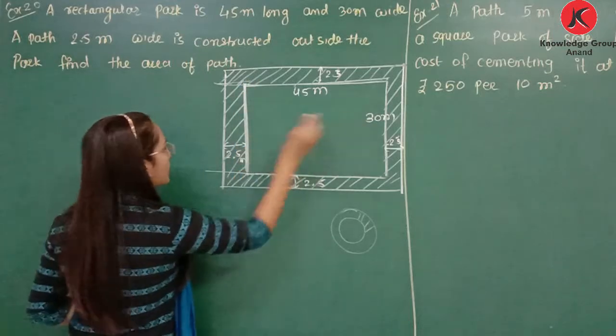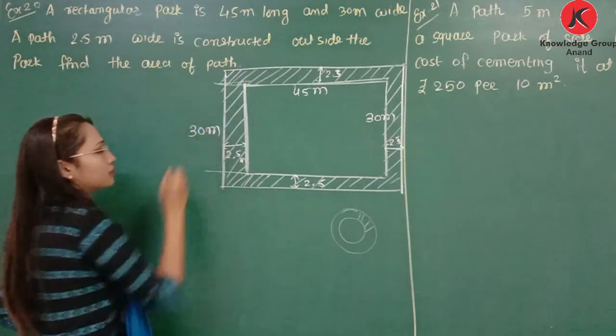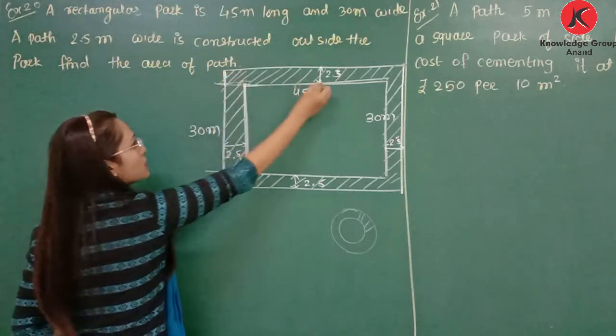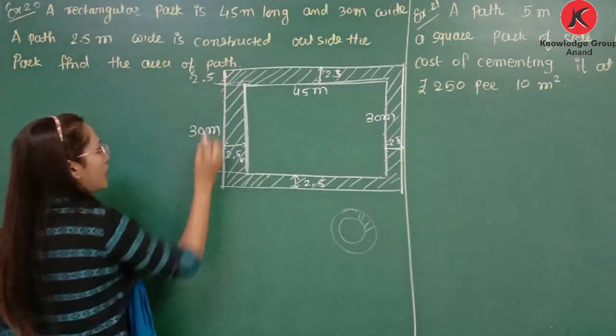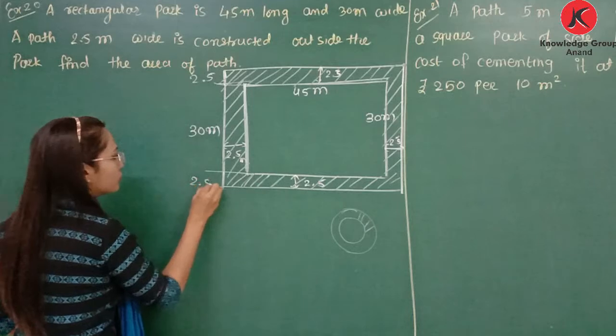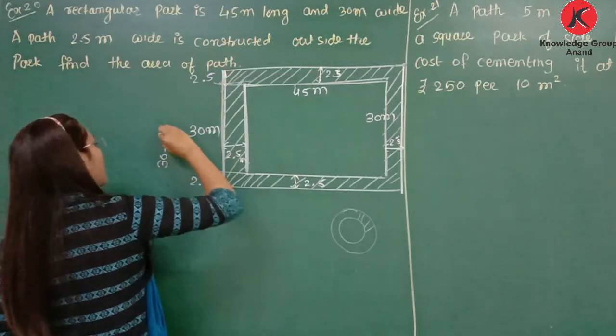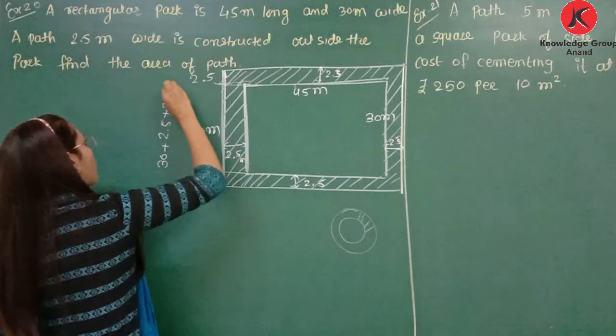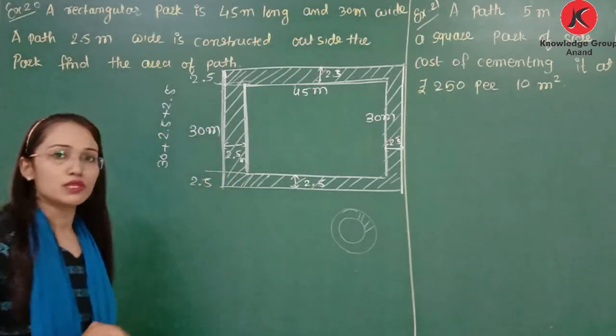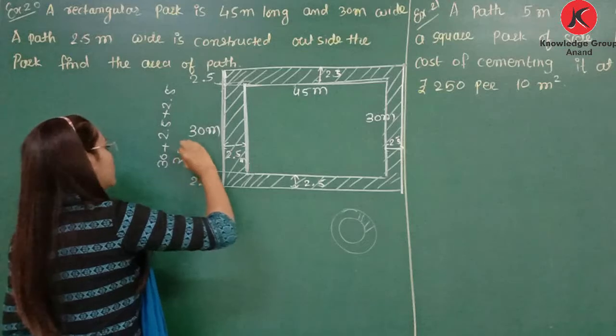So here, this length is what? It is 30 meter. Now what is the length of this? It is 2.5, and this length is also 2.5. So what is the total length? That is 30 plus 2.5 plus 2.5. 2.5 plus 2.5 is 5. So that is 35.